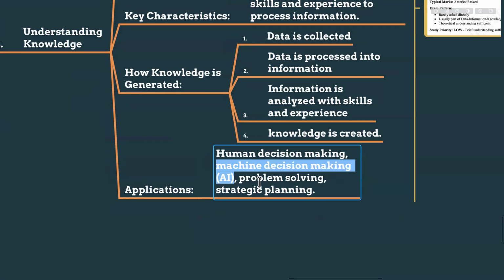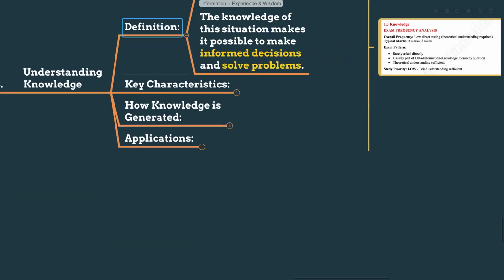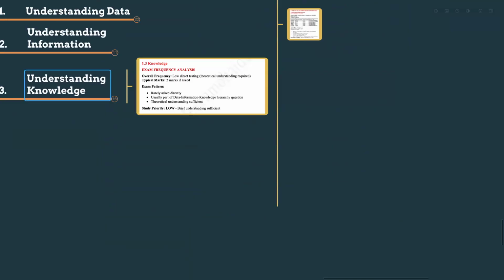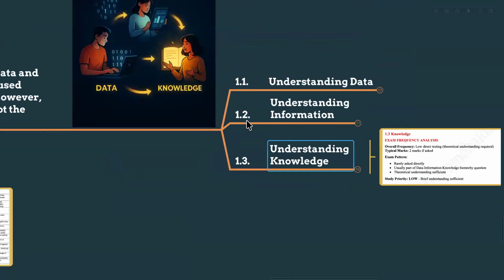So they are taking decisions and making reports because they have the knowledge, because it's already trained. So in problem solving, in strategic planning, we are applying this knowledge, right? You must know the theoretical aspect of this knowledge, right? I hope you understood.